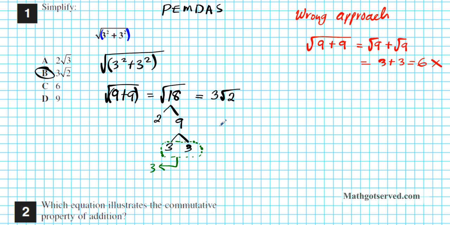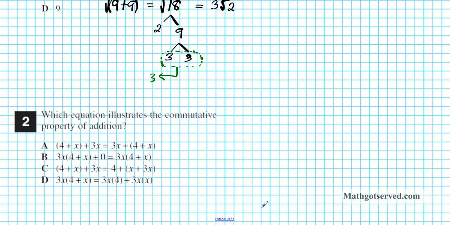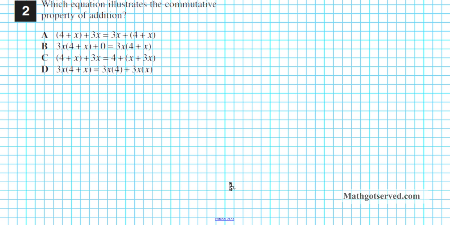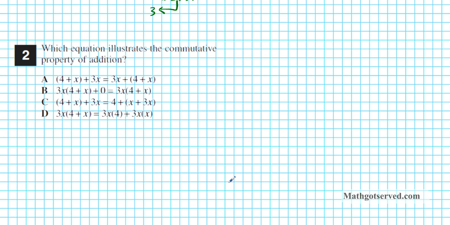Now let's take a look at question number 2. It says, which equation illustrates the commutative property of addition? Now, if we take a look at options A, B, C, and D, these are all properties of addition. So let's go ahead and identify what these properties are, and then we'll see which one is commutative.